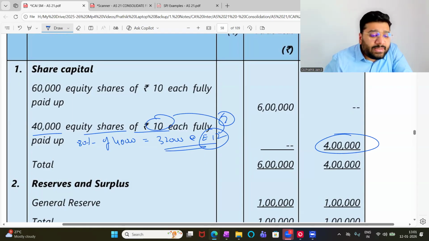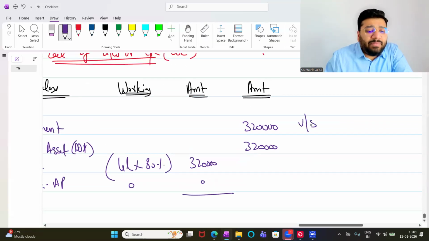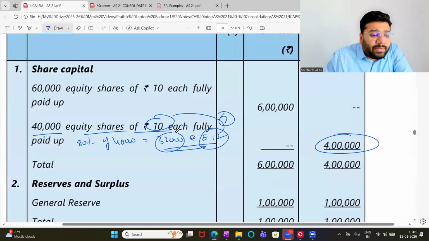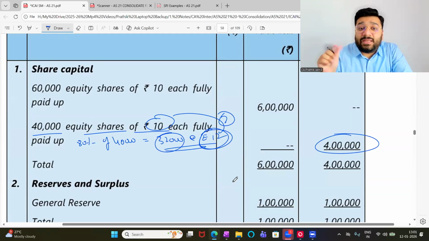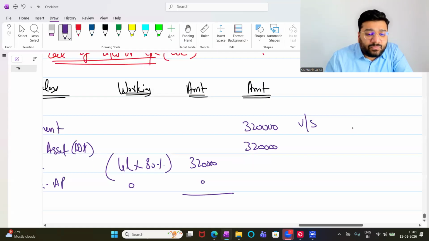So now, what is the amount? If it is at premium, what is the investment? I have changed the question, my dear. I am telling you, it is issued at premium. Anushka Limited has issued at premium. So 32,000 into 12 is how much?